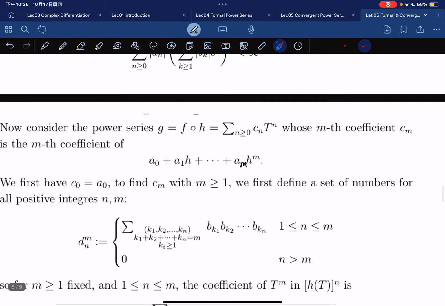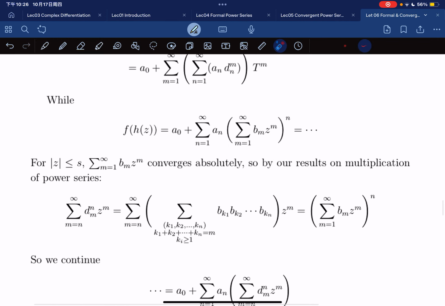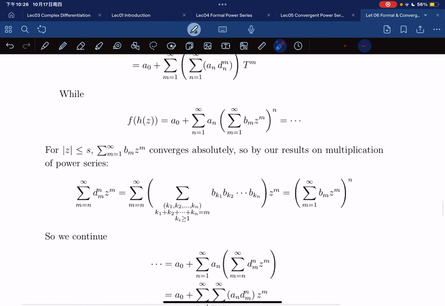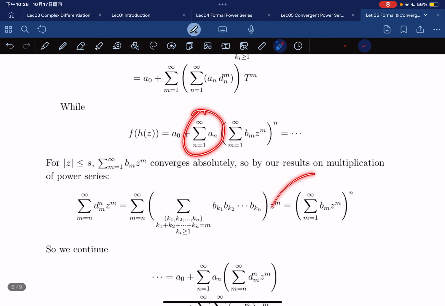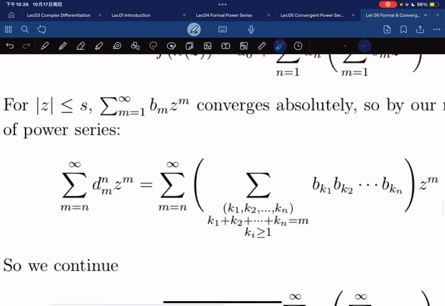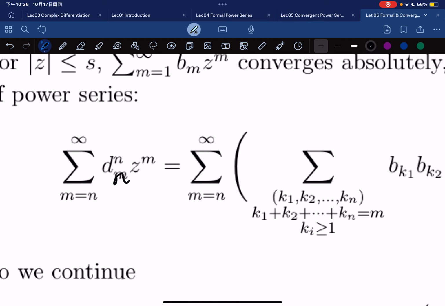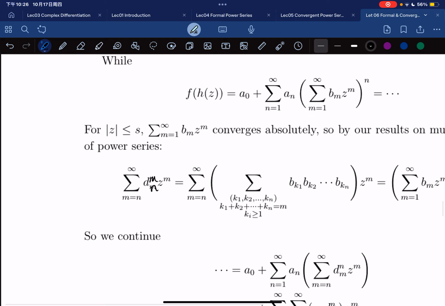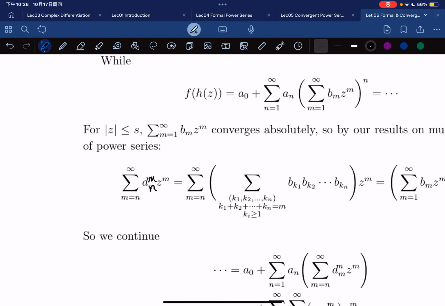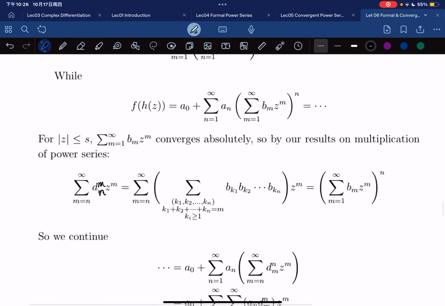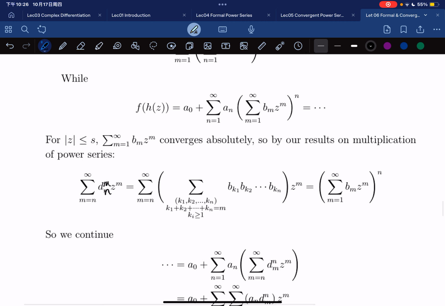So we have an of this n, but this thing inside is just dmn, should be dnm. Yeah, this is a hard thing about writing such a proof. Just keep track of your numbers, your dummy variables.